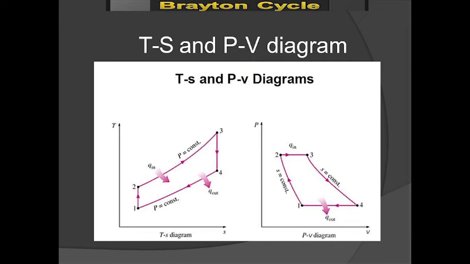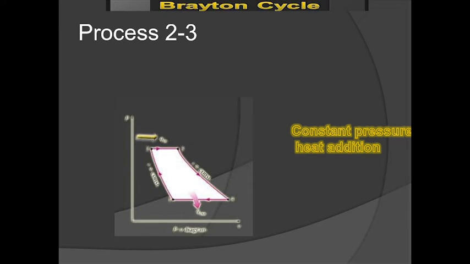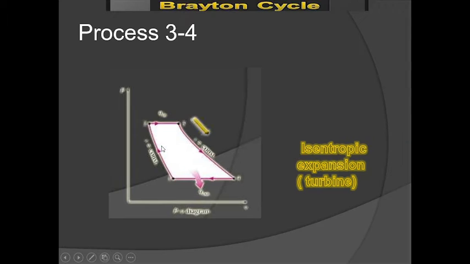of the process. So we can see here that the heat input happens from point 2 to 3, where the combustion happens. So first is the isentropic compression from point 1 to point 2. The next is the constant pressure heat addition, the combustion.